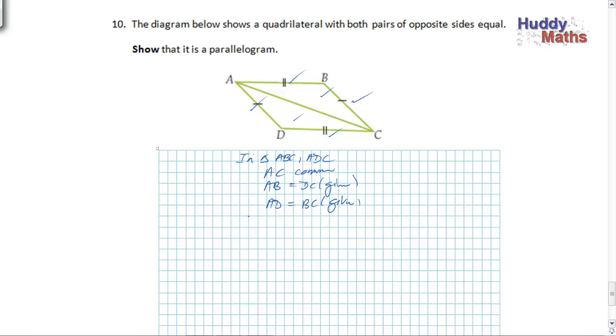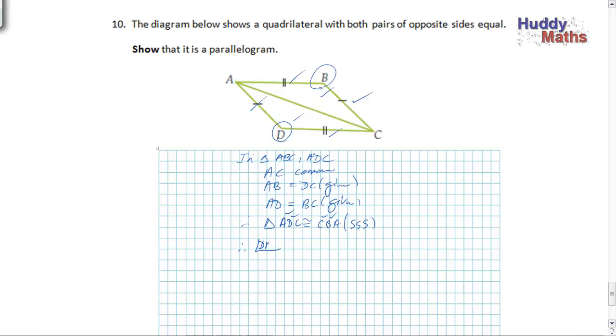Okay, therefore triangle ADC is congruent with CBA, and that's side, side, side. Just watch it now. B is out here, and that corresponds to D, and A to C here. So these match-ups must be correct in showing congruence. We've matched up 3 sides. Therefore, what can we say?